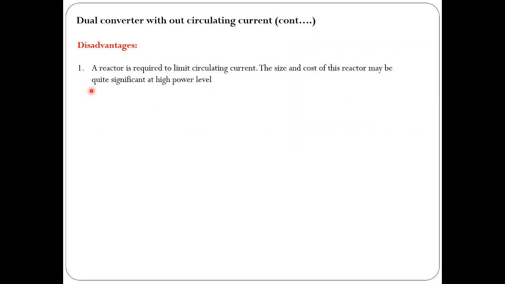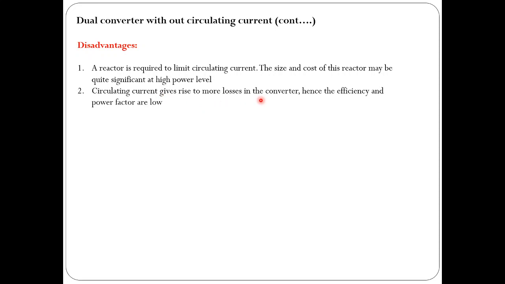Coming to the disadvantages, you need a reactor to limit the circulating current. The size and cost of the reactor are going to be quite significant at higher power levels. So the size and cost of the dual converter increase in proportion to the power level that you need to handle. Circulating current also gives rise to more losses in the converters.